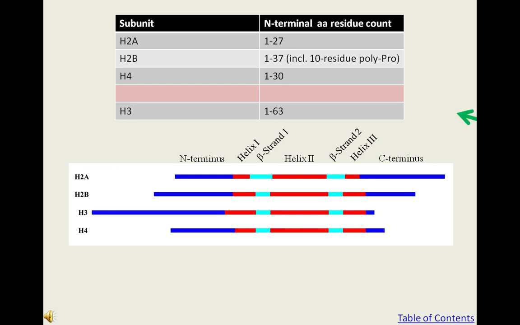But look at the 4th subunit. H3 has 63 amino acid residues. That's more than twice the length of the others. This length discrepancy is so large as to be positively disconcerting. No attempt to model the N-termini for DNA binding can succeed unless this terrible size mismatch is resolved.